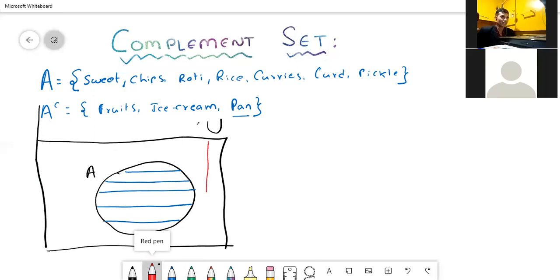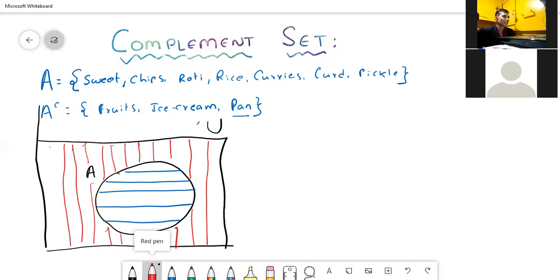It will be there in the universal set, but not in A. It will be like this, the region outside the food items and present in the universal set, which is present in the buffet, like that.